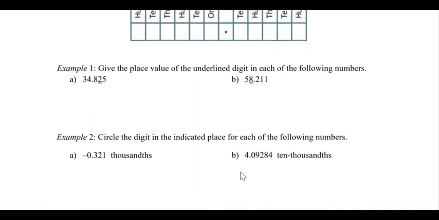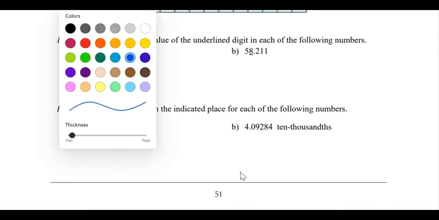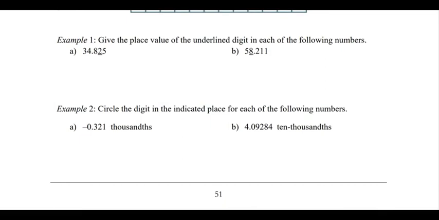So let's practice naming the place value of our decimals. In example 1, we're asked to give the place value of the underlined digit in each of the following numbers. So you have 34.825.